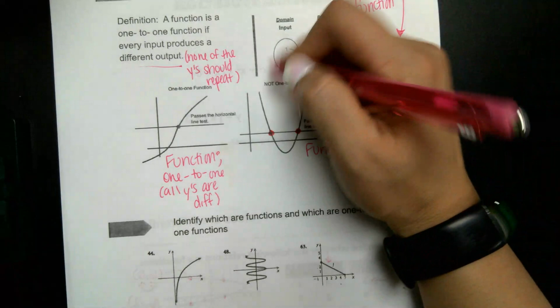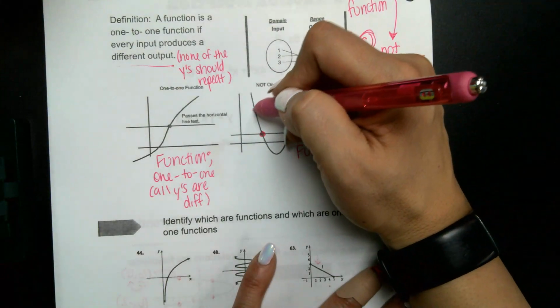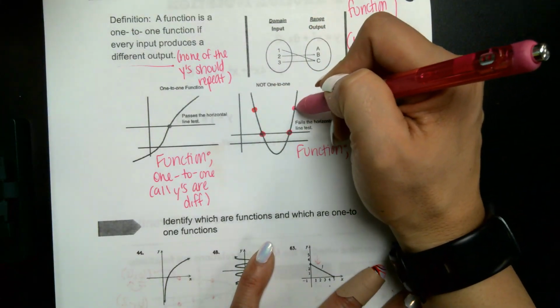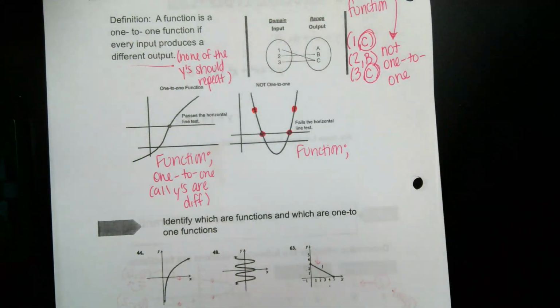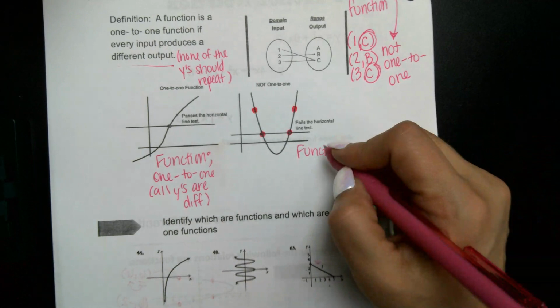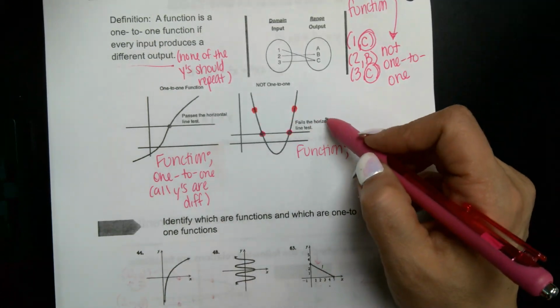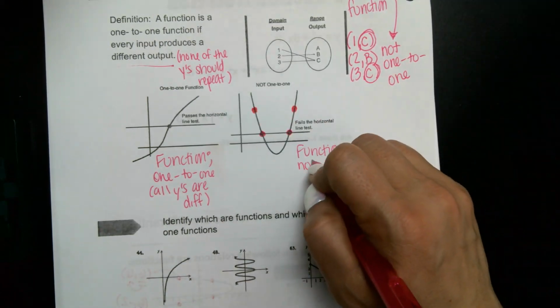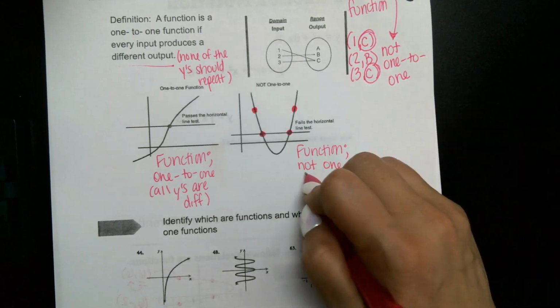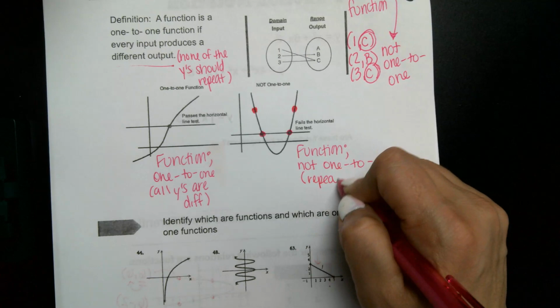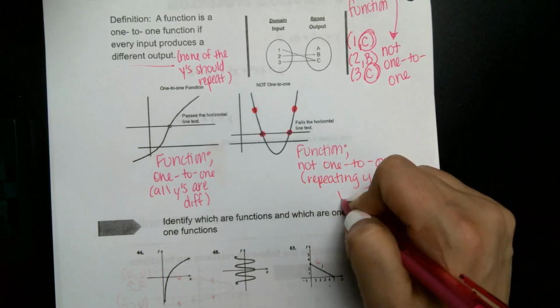Like those 2 points are the same height, aren't they? We know they're mirror images of each other. So is this one 1 to 1? No. So not 1 to 1, because there are repeating y values.